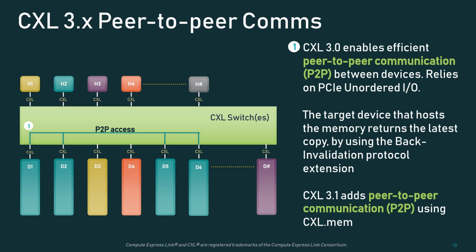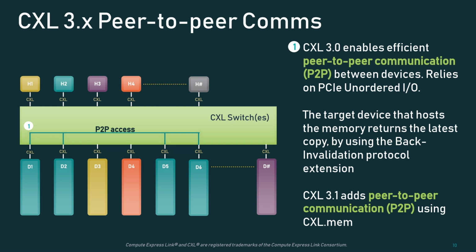As shown in the picture here, one of these devices, which could even be a PCI device, can request access to memory on a CXL memory device through the switch without going to the host. That was introduced in CXL 3.0. It uses the PCI unordered I/O protocol. Because it uses the PCI unordered I/O protocol, the requester, like I mentioned, can be a PCI device as well. It doesn't have the CXL. They work nicely together.